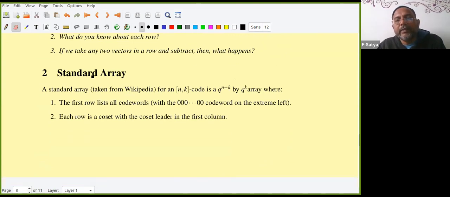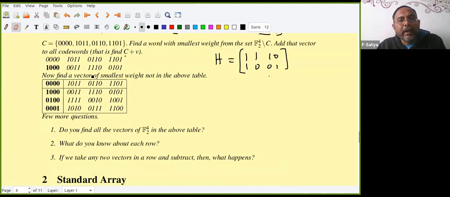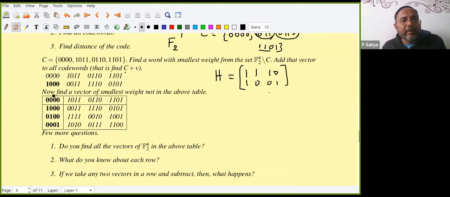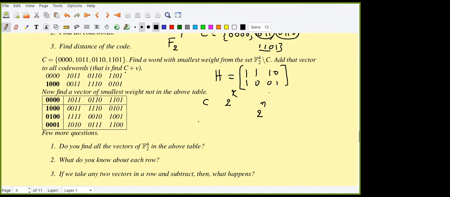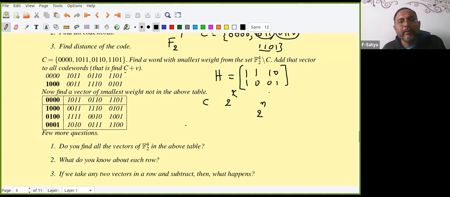For an (n, k) code, how many rows will come here? My code contains how many vectors? 2 power k vectors. Total how many vectors are there to cover? 2 power n, right? How many rows will there be now?